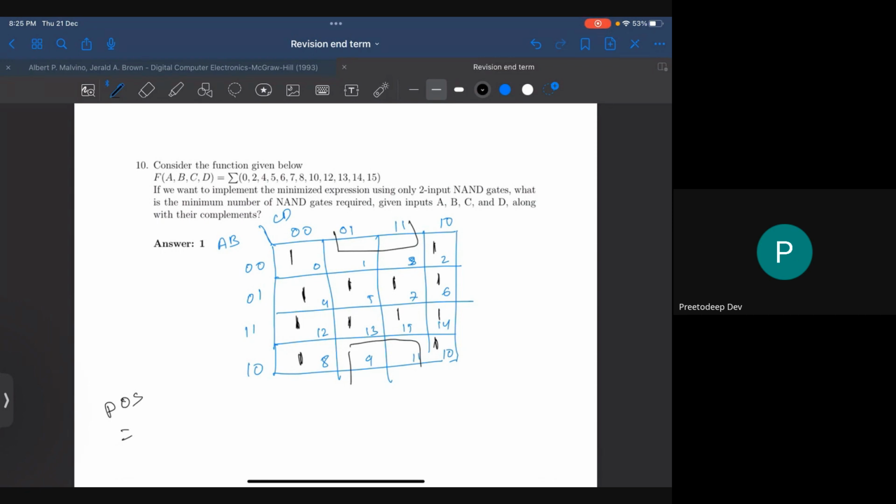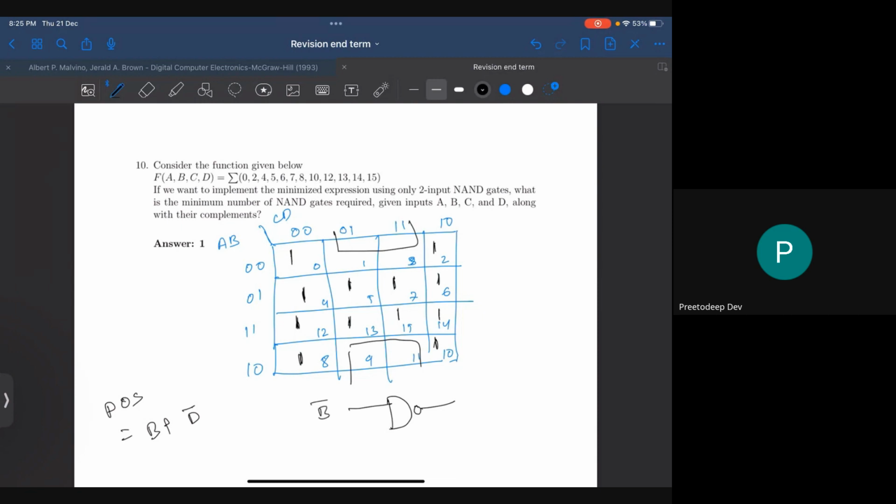So you can see that D bar, and here you can see that B, so B plus D bar, and we have NAND gates, right? So suppose this is an AND gate. Now you can see that A, B, C, D along with their complements are available, right?